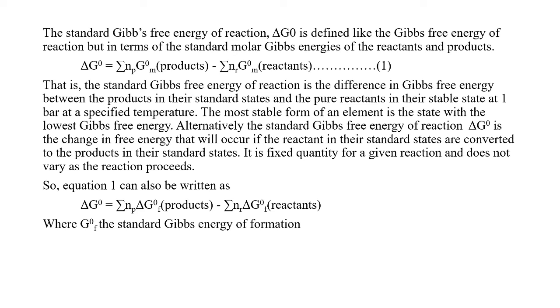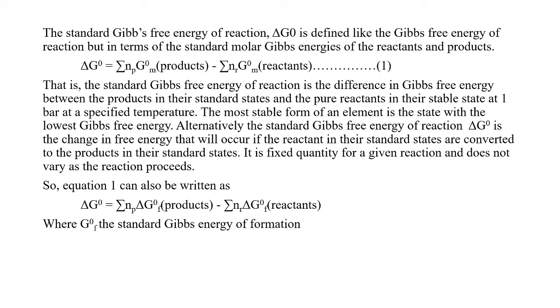So the standard free energy of formation of an element in its standard state is 0, and the value of delta G naught tells us nothing about the rate of a reaction. There are several ways to calculate delta G naught.